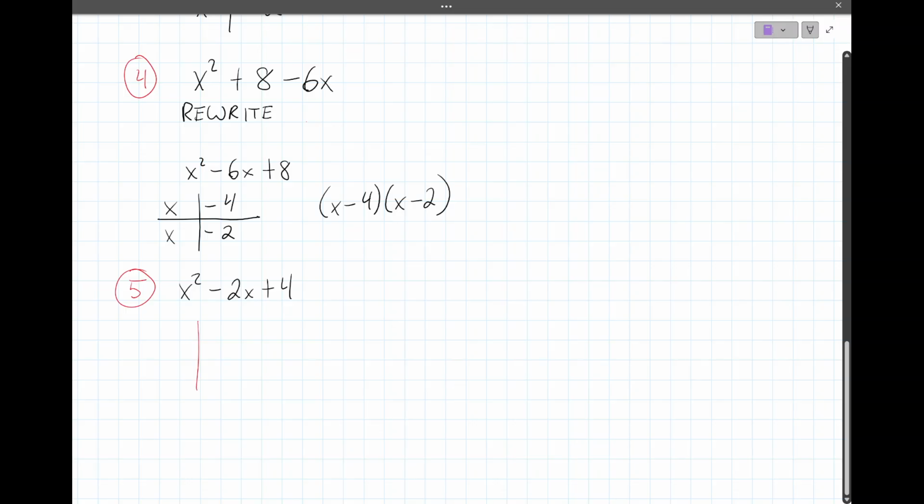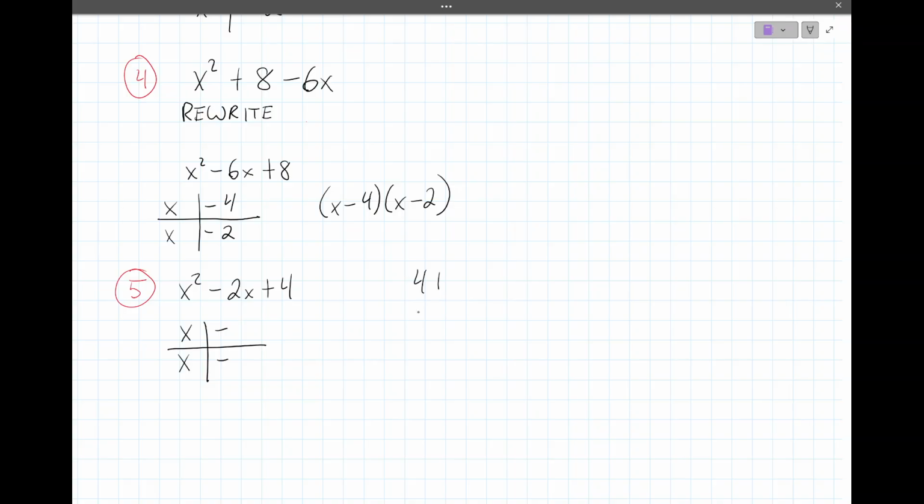Let's use the box method again. Let's make a box here and see what can be done. It has to be two negatives that multiply to positive 4 and add to negative 2. The only things that are going to work are 4 and 1, or 2 and 2, and they both have to be negative.